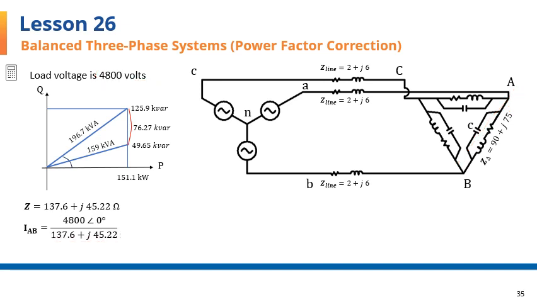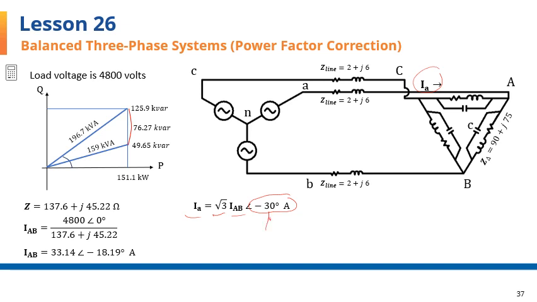So first of all, IAB equals 4800 over Z, and that gives us IAB as 33.14 amps with negative 18.19 degrees. The equation to convert from IAB to IA, the line current here, is IA equals the square root of 3 times IAB, and its phase angle is 30 degrees behind IAB.